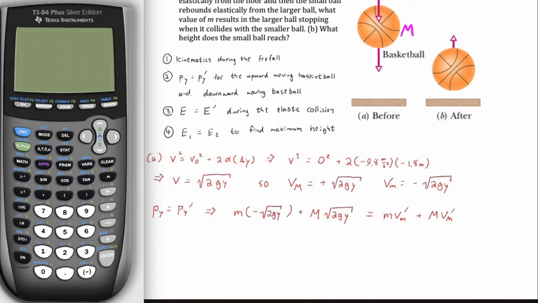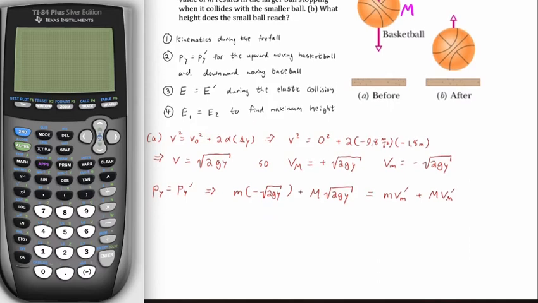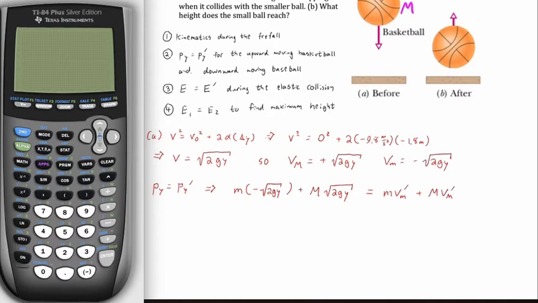So that means we're going to need a separate equation to help us solve for it. And that equation is going to be our energy equation, which is going to be E equals E prime. We're going to show the energy equation in head-on one-dimensional elastic collision form.